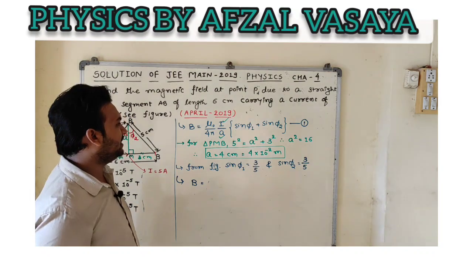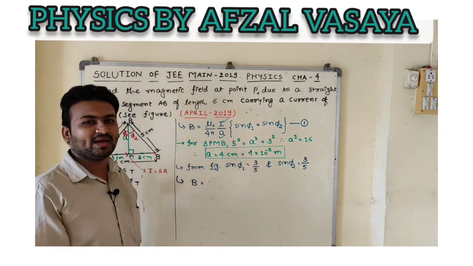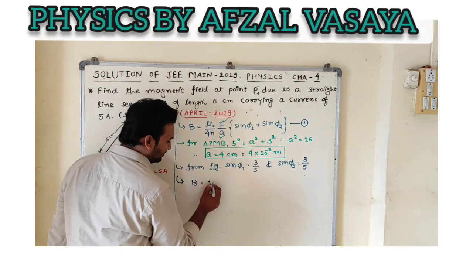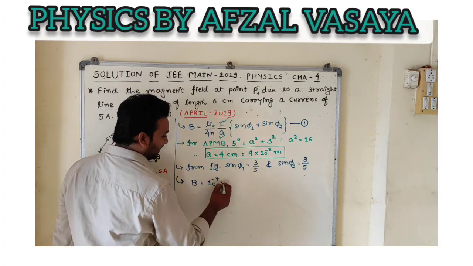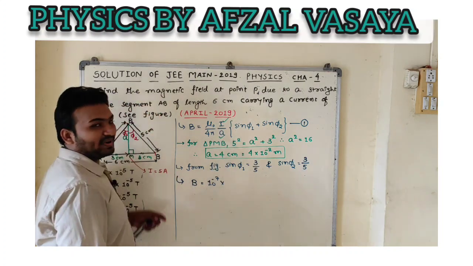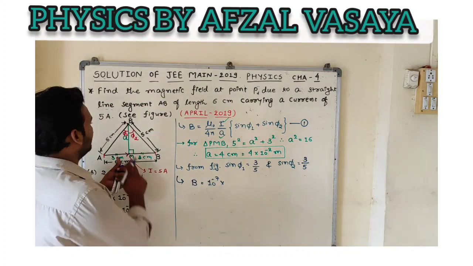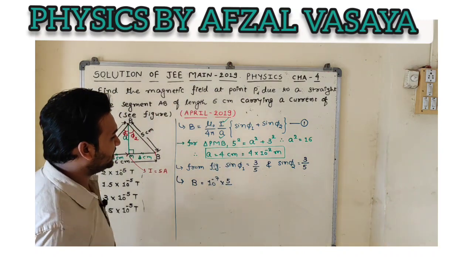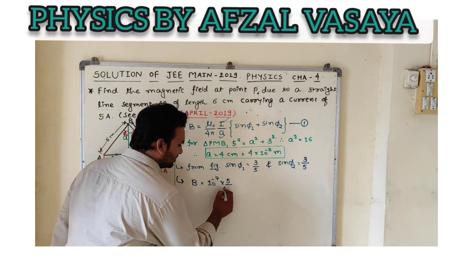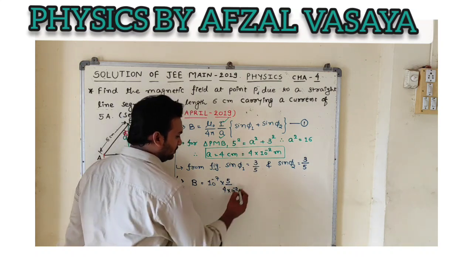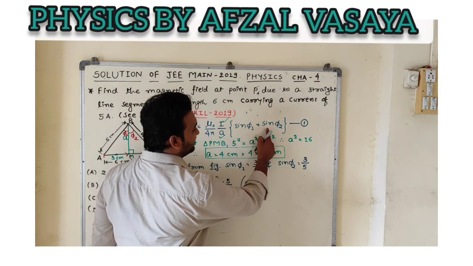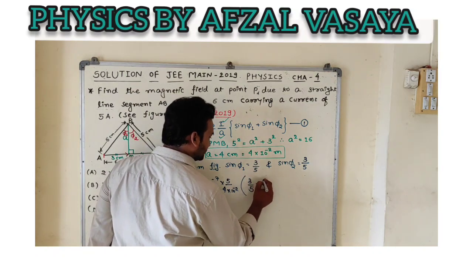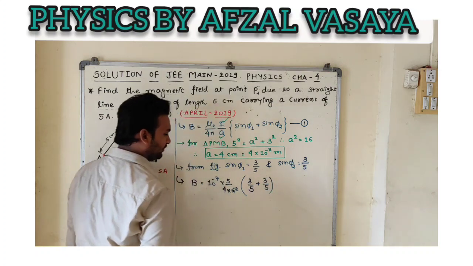As I said earlier, mu 0 equals 4 pi into 10 to the power minus 7, so mu 0 upon 4 pi becomes 10 to the power minus 7, into I, the current passing through the given wire, which is 5 ampere, upon A, the perpendicular distance, and here we have 4 into 10 to the power minus 2, into bracket sine phi 1 plus sine phi 2. So sine phi 1 is 3 by 5, and sine phi 2 is also 3 by 5.